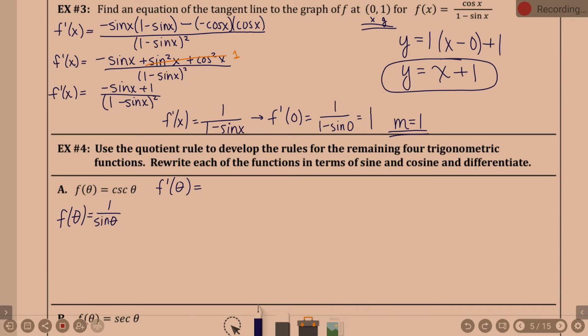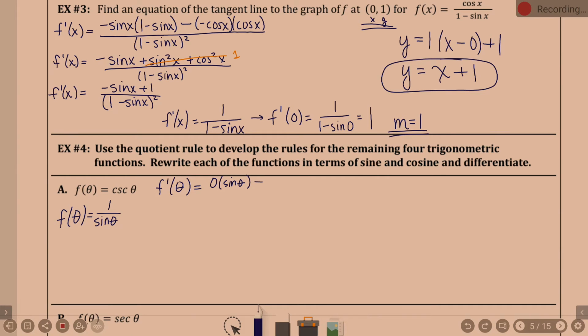So, quotient rule. Derivative of the numerator: what's the derivative of 1? 0, times the denominator, minus the derivative of the denominator.